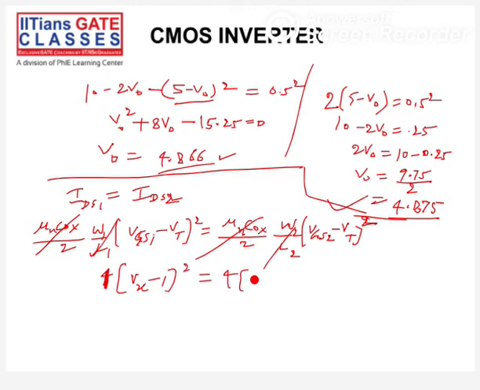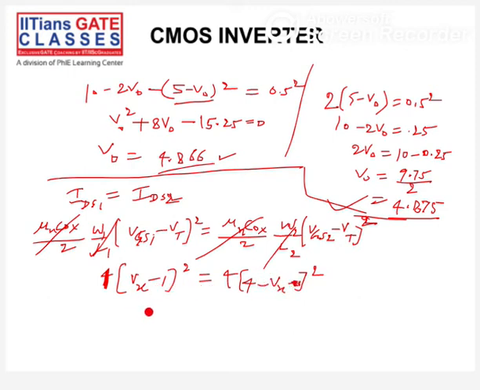And VGS1 is Vx. It is not Vx, it is 4 minus Vx, and it is minus 1. VGS2 minus VT is 4 minus 1, it is 0, that is not there.